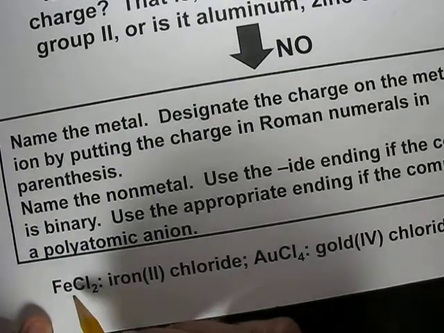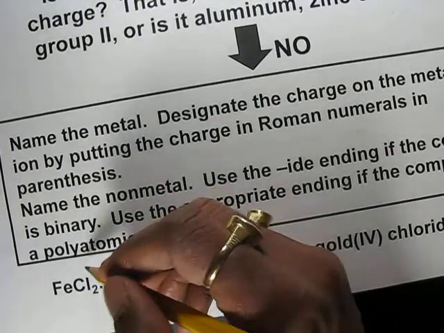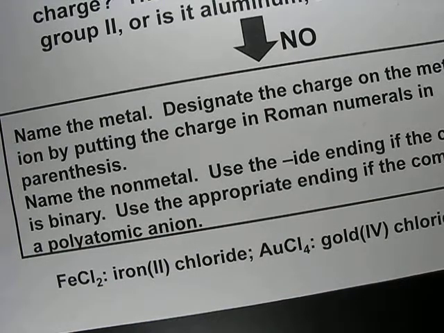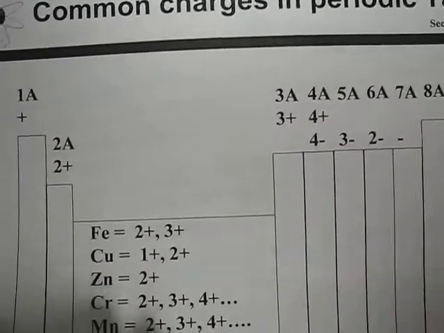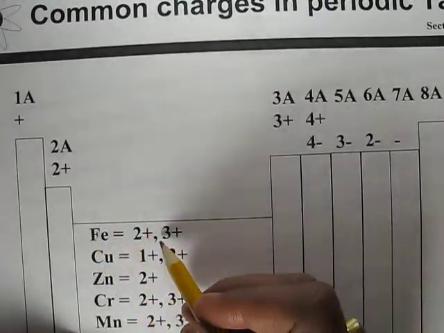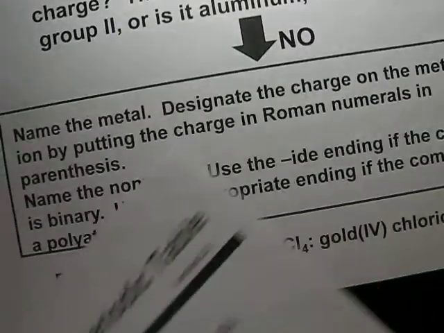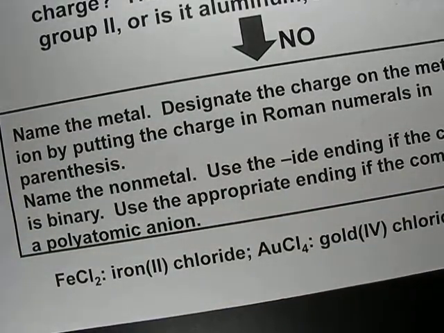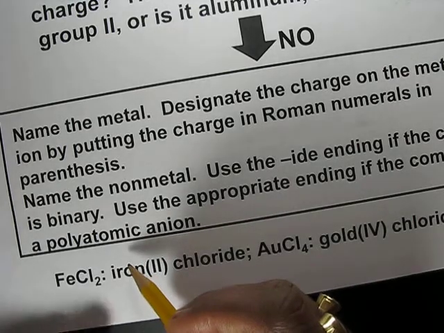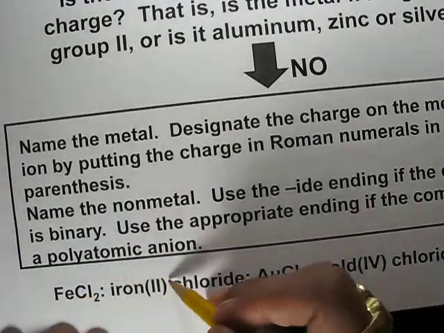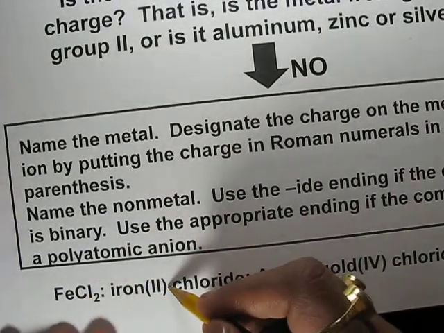For example, iron chloride. Here you can see, as we have seen in the previous slide, that iron has 2+ and 3+, so the charge can vary, right? So according to this second rule, we have to put its charge in parentheses.